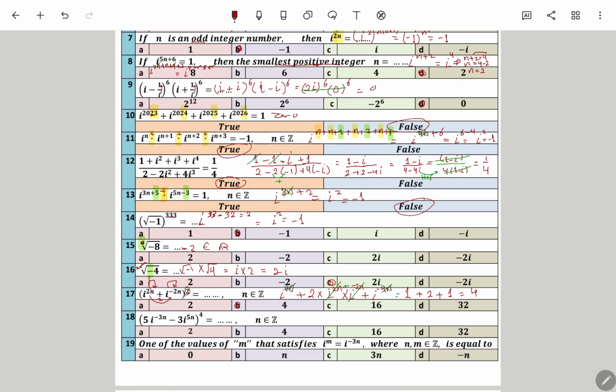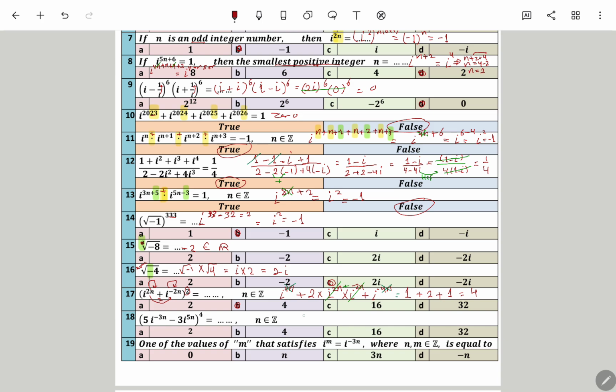In 18, you have 5i to the power of -3n minus 3i to the power of 5n, all to the power of 4. This power 4 is hard to be expanded, or you can split it to be 2 in the first power and 2 in the second power and split each.